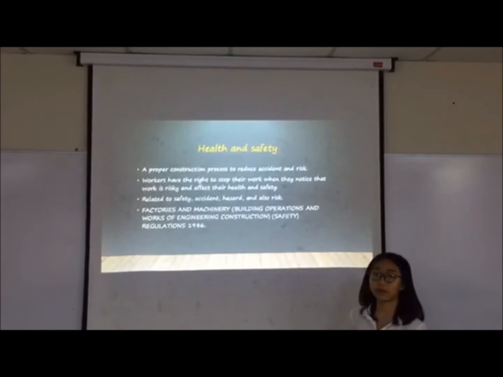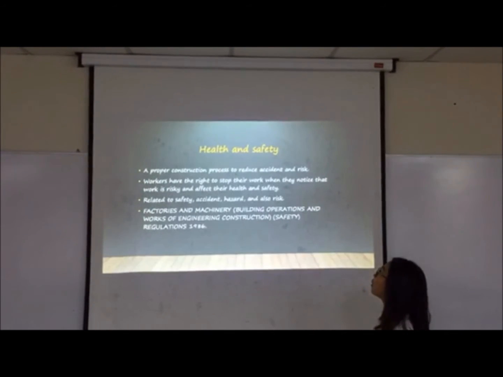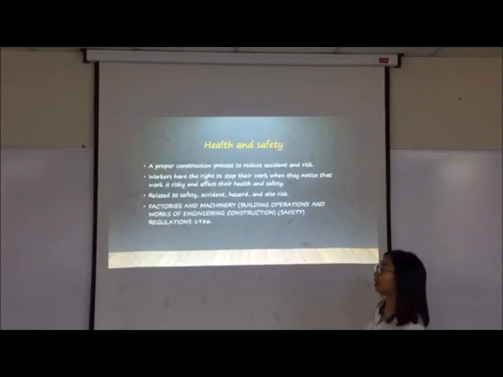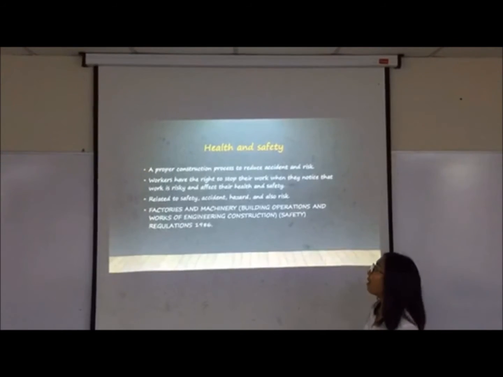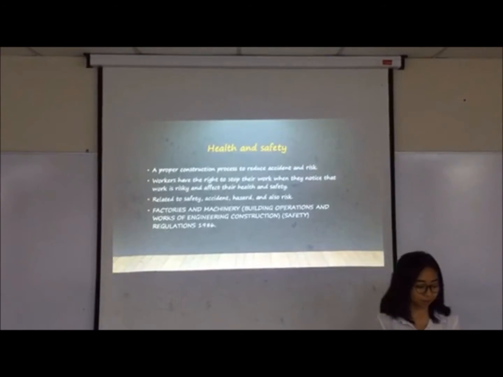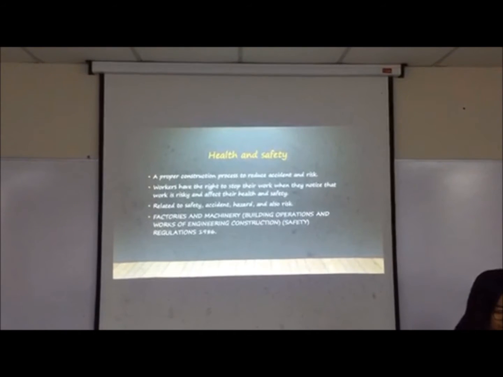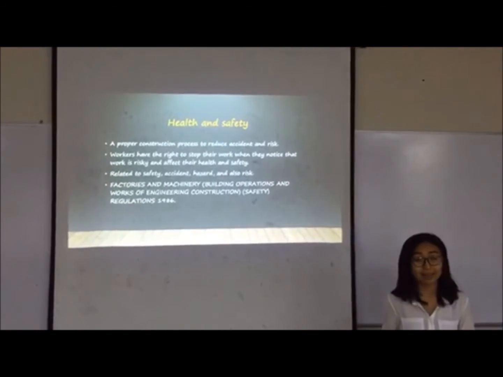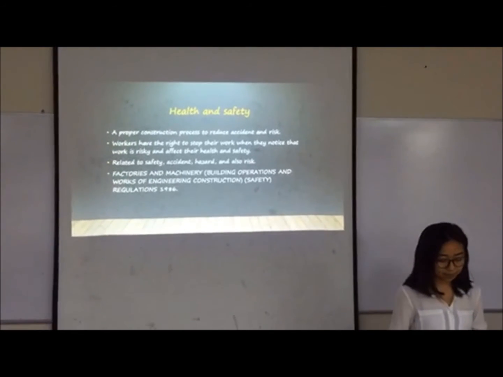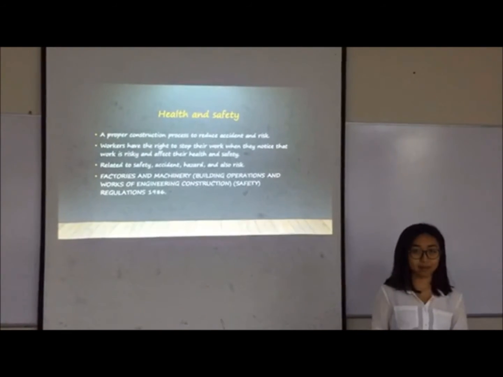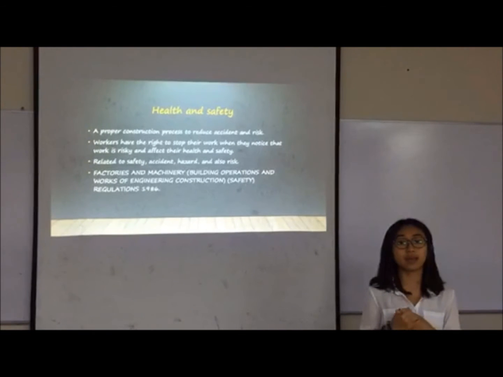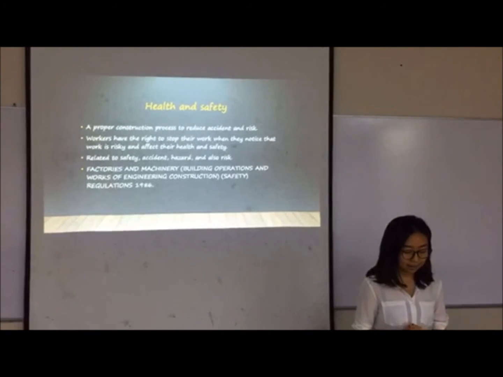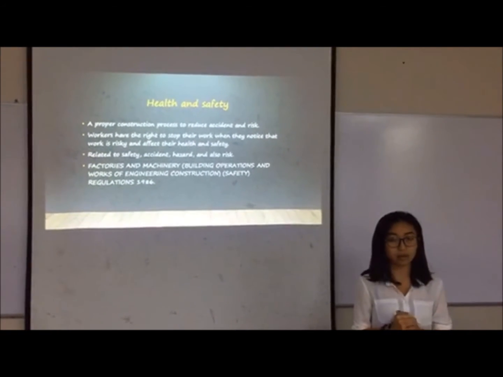Then the workers have the right to stop their work when they notice that the work is risky and affects their health and safety. Health and safety is always related to safety, accident, hazard, and risk. What is an accident? An accident is something that happens that we cannot expect, and a hazard is an unsafe condition.